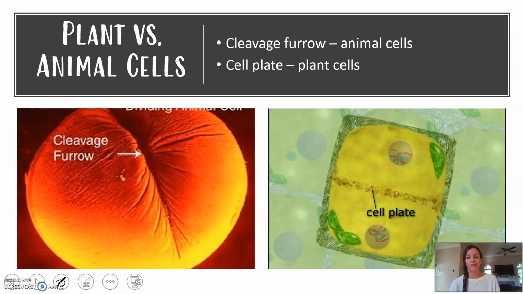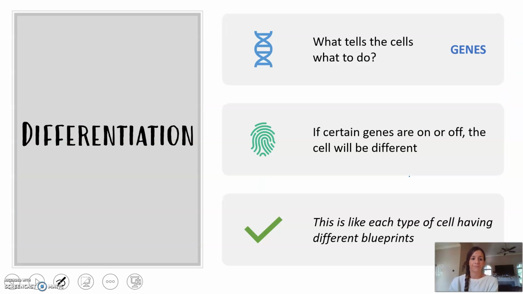Well, plant cells are a little different because they have a cell wall. So plant cells can't really pinch in like an animal cell would. So there's a different terminology depending on the type of cell. So if you are an animal cell, you form something called a cleavage furrow as you're dividing. And if you're a plant cell, you're going to form a cell plate as you divide during mitosis.